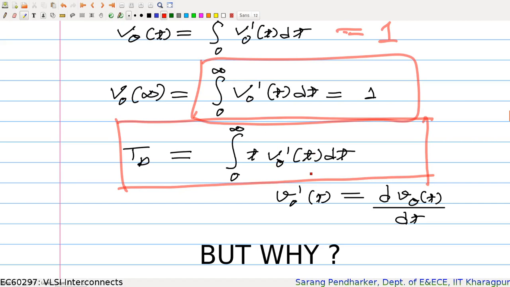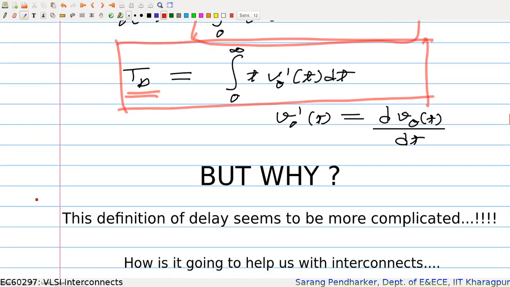Now I am telling you that we take the derivative of that output voltage, multiply it by time, and then compute this integral to get an estimate of Elmore delay, right? So if I'm looking at this expression in the time domain, I don't see how it will solve my problem with the interconnects, right? This definition, in fact, seems more complicated.